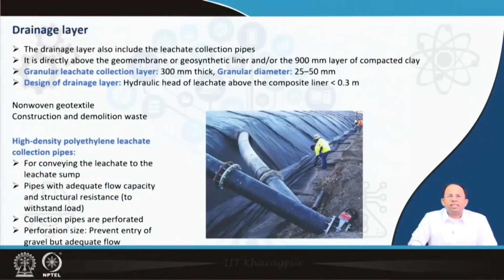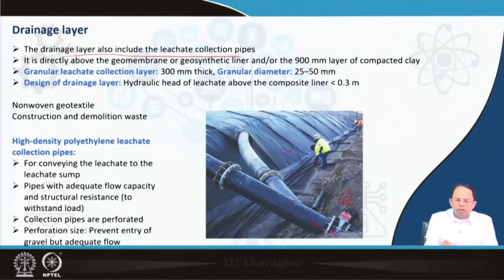Now coming to the drainage layer, as you can see these are the liners over here, and over here the drainage pipes are coming. This is where it is entering into this particular drainage layer, and so we have got these pipes. The drainage layer also includes leachate collection pipes. So these are the leachate collection pipes that collect the leachate in the drainage layer, right?